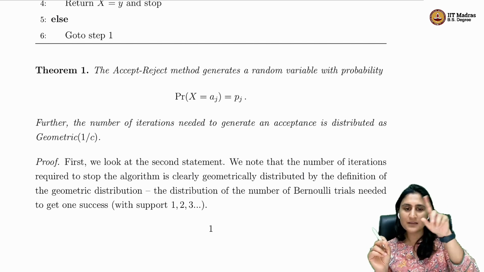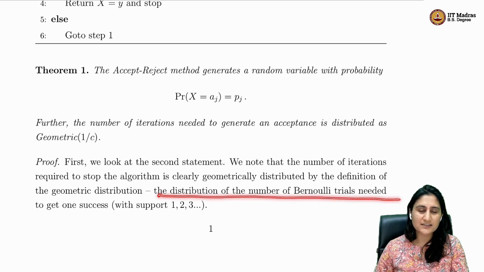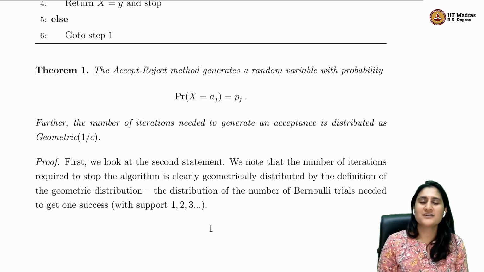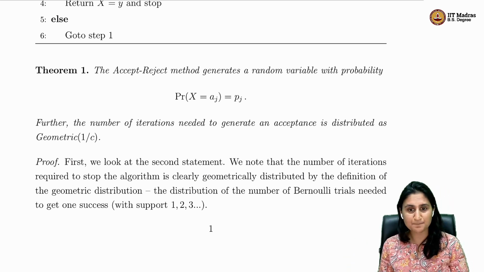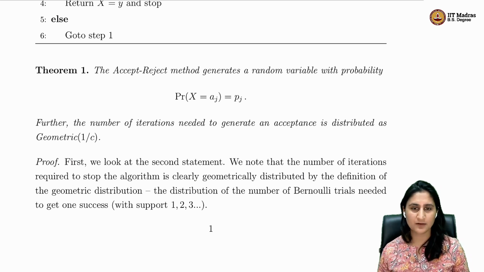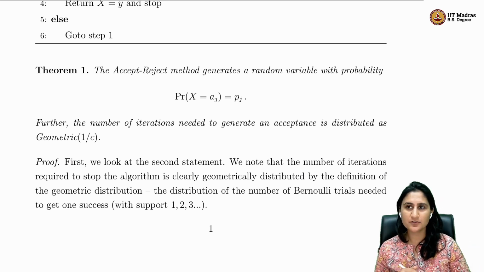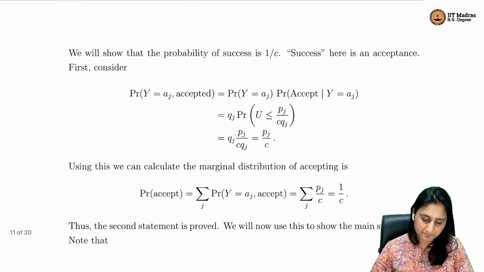So the number of times it loops is distributed in the style of the number of Bernoulli trials needed to get one success, which is exactly what a geometric random variable is. It counts the number of trials needed to get one success. So the number of iterations is definitely geometric, but the probability of success is what we need to find. Let's start there.